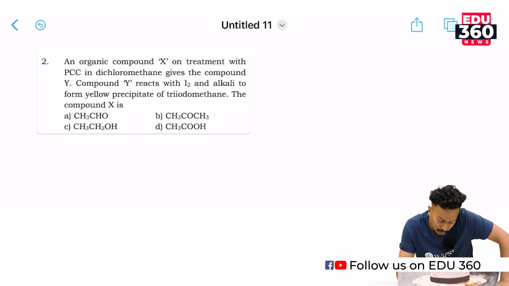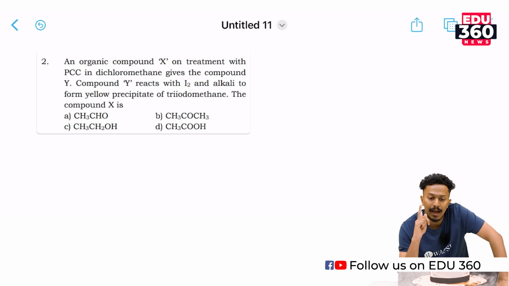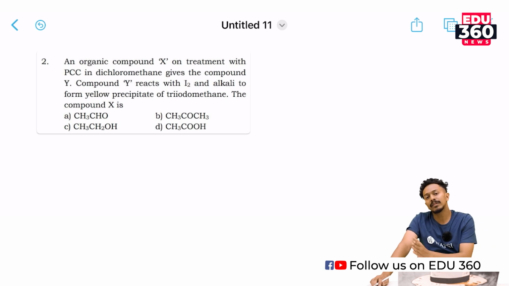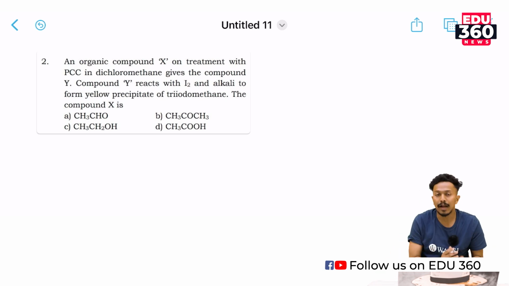We could say that Y reacts with I2 and an alkali, a halogen and an alkali. We could say it's a haloform reaction, the iodoform reaction. We have earlier studied that when a keto group with a methyl on the side is treated with a halogen along with an alkali, we get an iodoform.